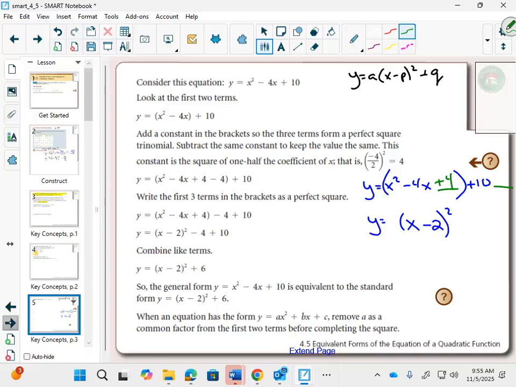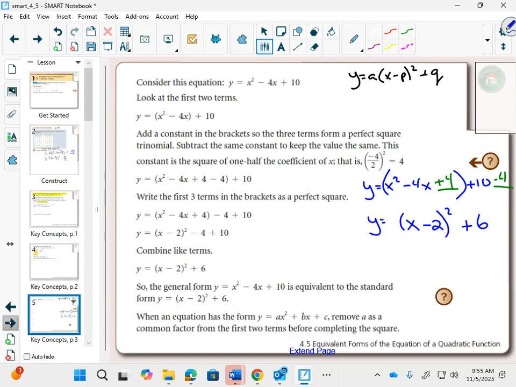So if I add 4 to this side, it's no longer equal to what it was before. I have to compensate and subtract 4, because then what I added in green cancels out with what I subtract in green. But now my equation looks like this.